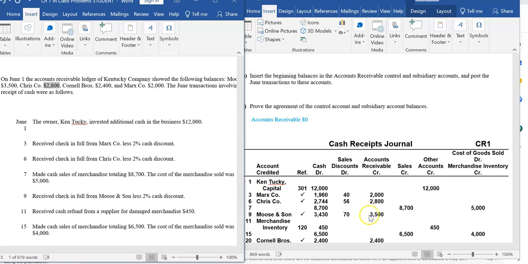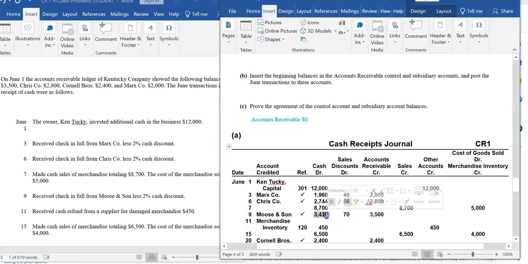So we will be receiving only $3,430 in cash, debiting cash for that amount. We are crediting accounts receivable for the full receivable because the entire thing is being paid off. The discount needs to go into the contra revenue account. We have our sales discount column here, so we can put the debit right into that column.